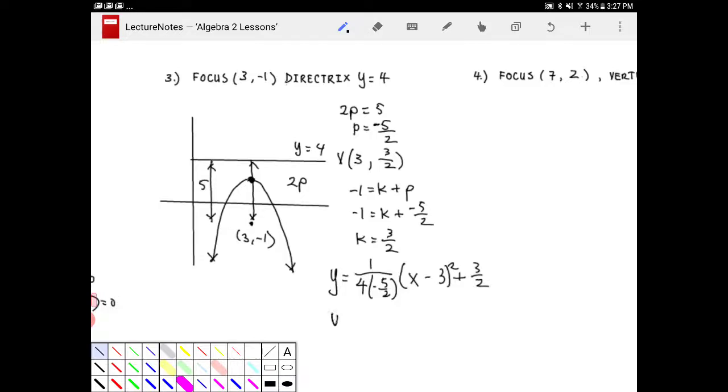Or in other words, y is equal to negative 1/10 (x minus 3) quantity squared plus 3 halves.